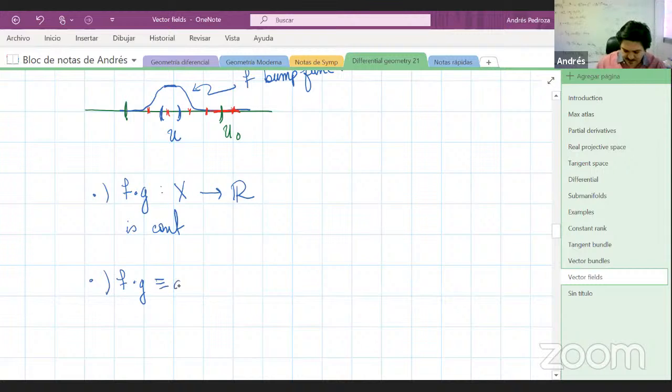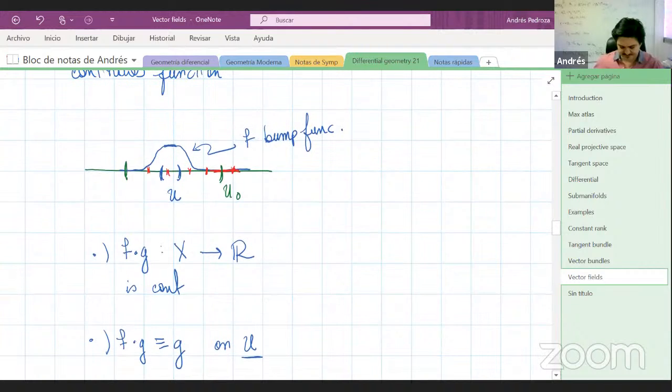So this is identically G, not on the domain of G, but on a smaller set. And this one, you can choose. Okay? So I'm extending G, but it's not equal to G everywhere on U naught, only on a small set.